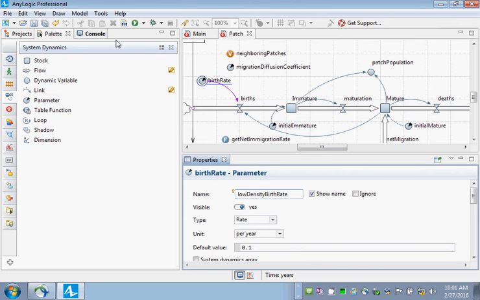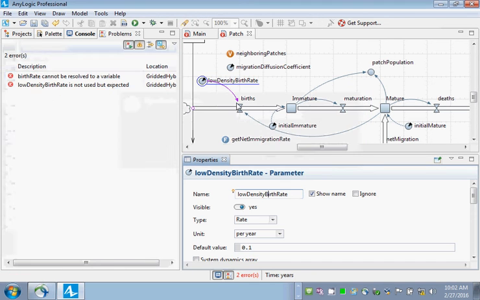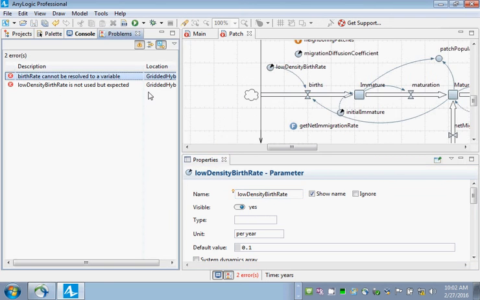Let's go to main now, and let's go up to patches. You will find that the formula we gave previously for birth rate has been translated for this low density birth rate. It realized they're the same thing. So far we haven't changed the mathematics of it, just the name.